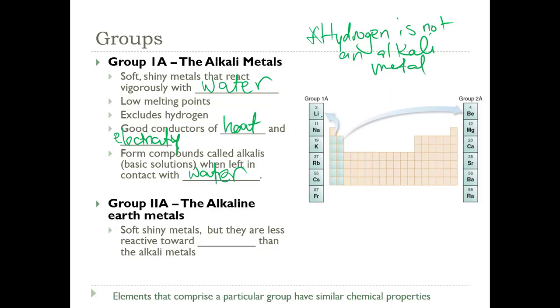There's a vigorous reaction that occurs. Then group 2A is called the alkaline earth metals. So we have the alkali metals and then the alkaline earth metals. These are soft, shiny metals, so they also are metals, but they are less reactive toward water than the alkali metals.